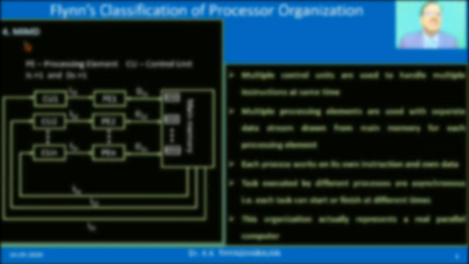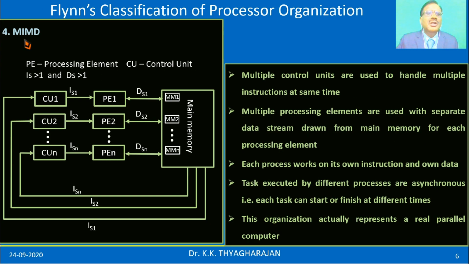The next classification is multiple instructions with multiple data streams. Since multiple instructions are to be executed, we have to use multiple control units like this, and multiple data streams are to be handled, so we are also using multiple processing elements.